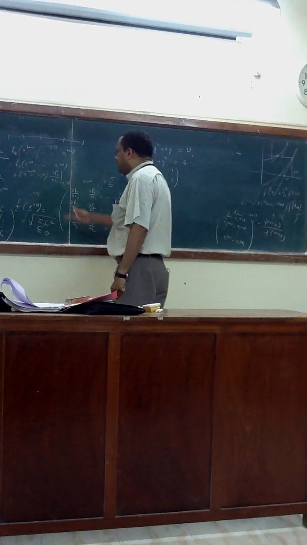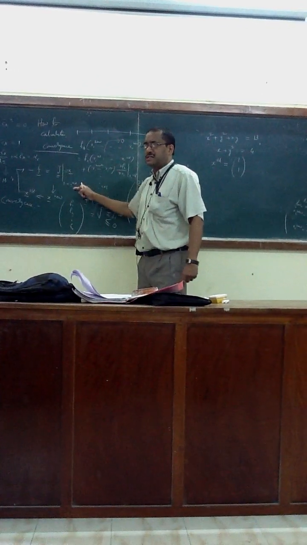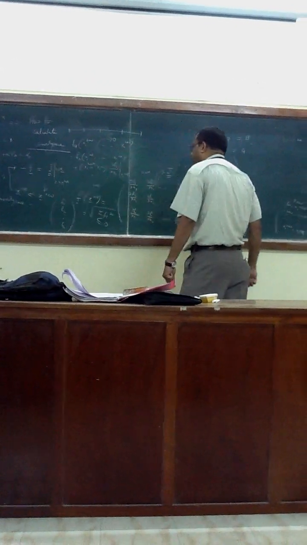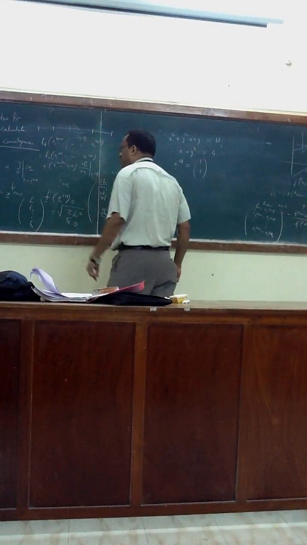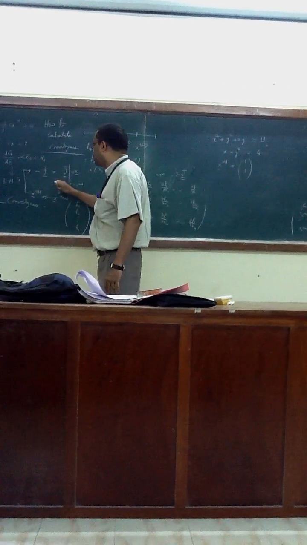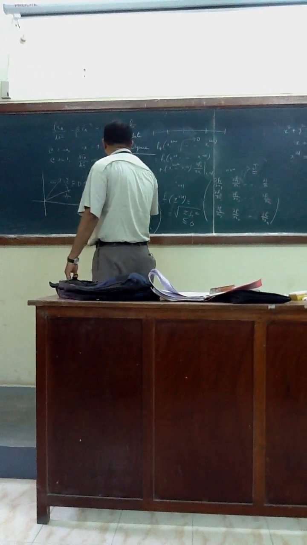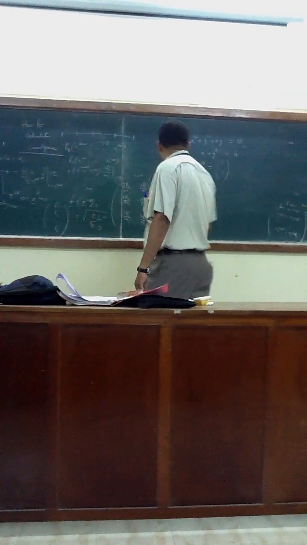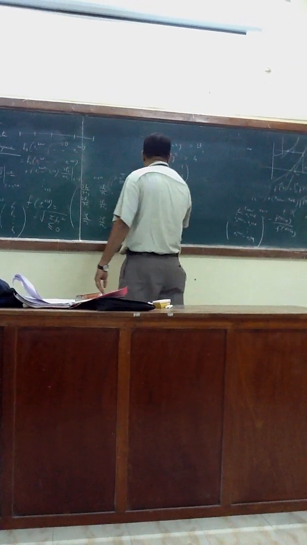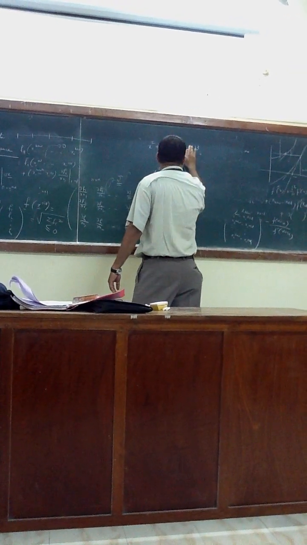What will be my procedure? You have to solve it like Ax equals B, and F bar is evaluated at x equals x naught. So how to calculate F bar?